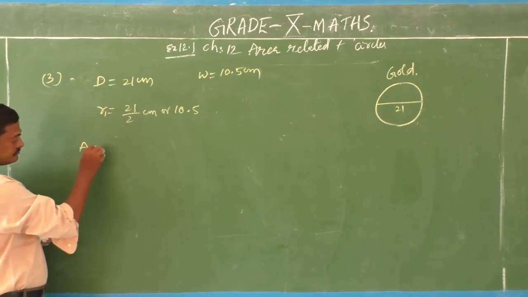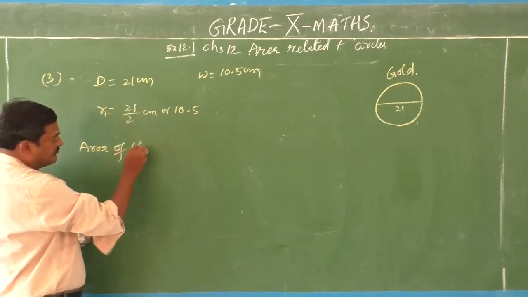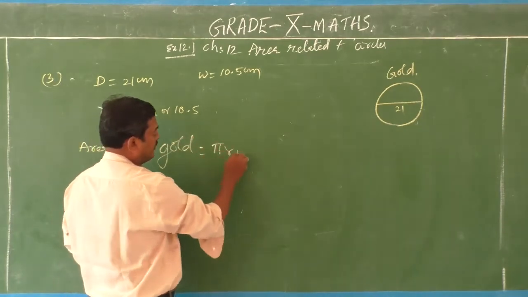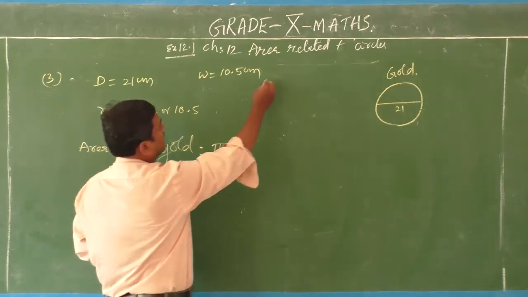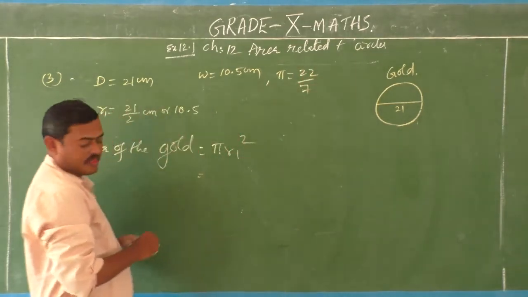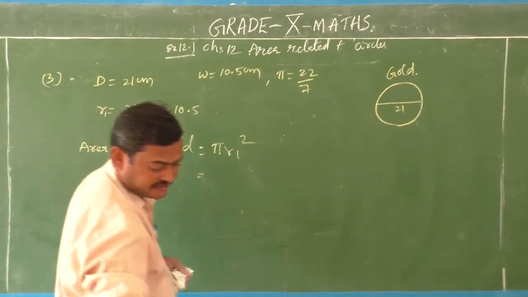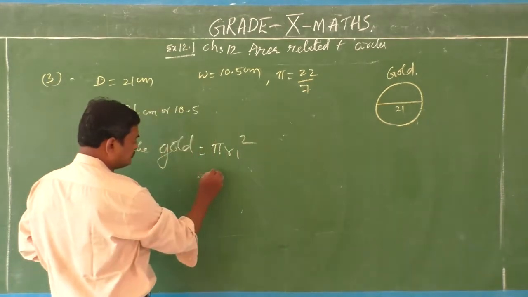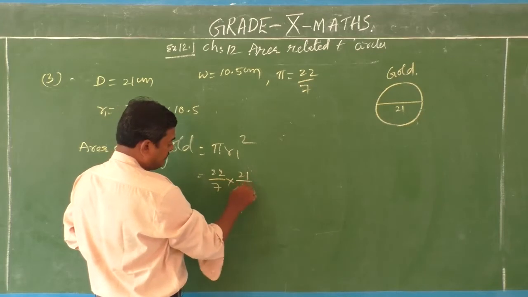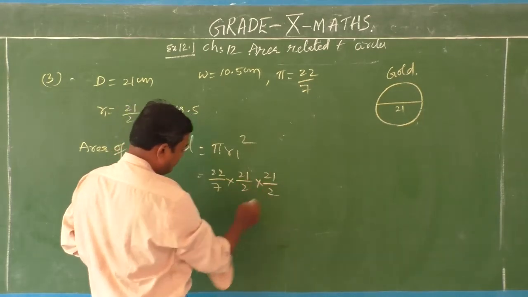Now the area of the board equals pi r1 square, and the pi value is 22 by 7. So 22 by 7 into 21 by 2 into 21 by 2.